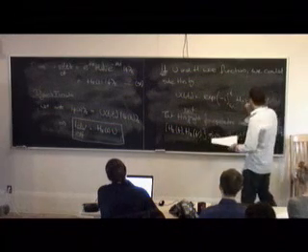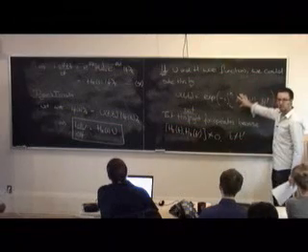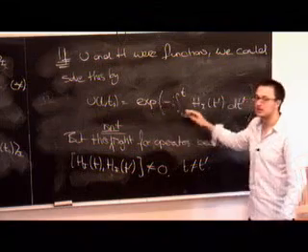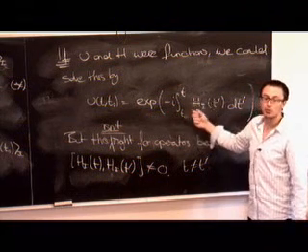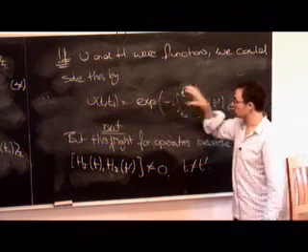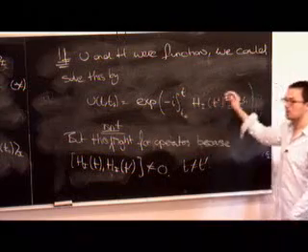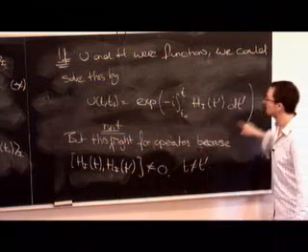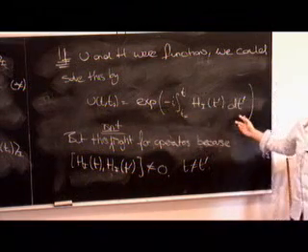Okay, I guess there's something else I should tell you. If this was a matrix or an operator, what would it even mean to exponentiate a matrix? Well, such things are always defined in terms of the Taylor expansion. So what this really means is that it's 1 minus I times this plus a half this squared plus 1 over 3 factorial this, and so on.